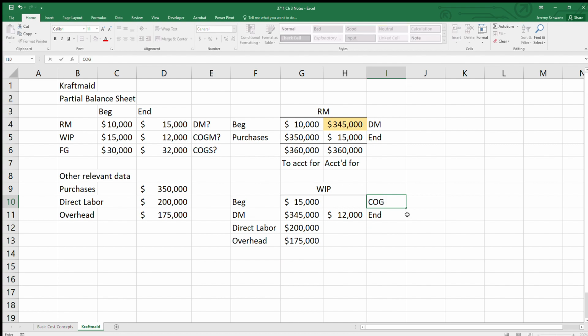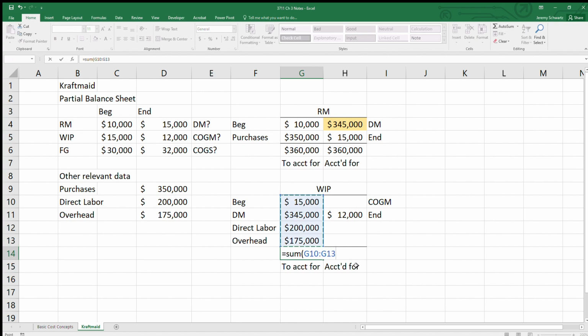So we're looking to calculate our cost of goods manufactured here. So we would need to go through this process again to account for and accounted for. And now instead of 2 elements, we have 4 elements here, but that's all right.